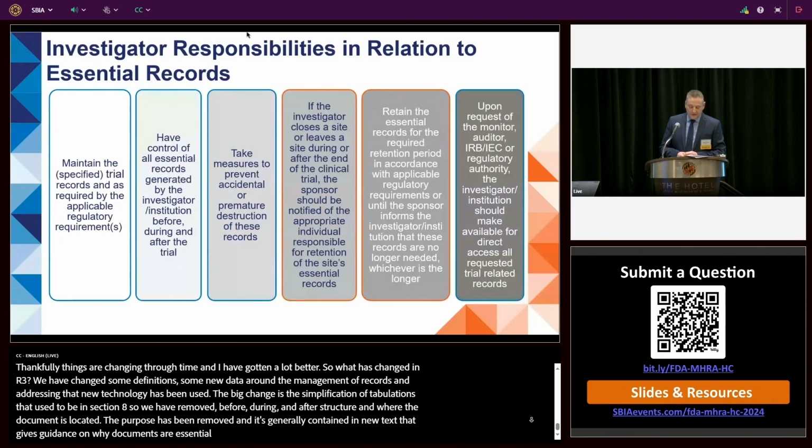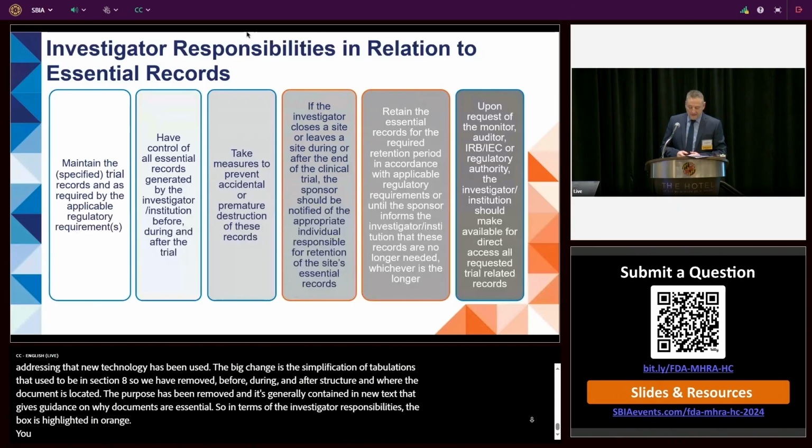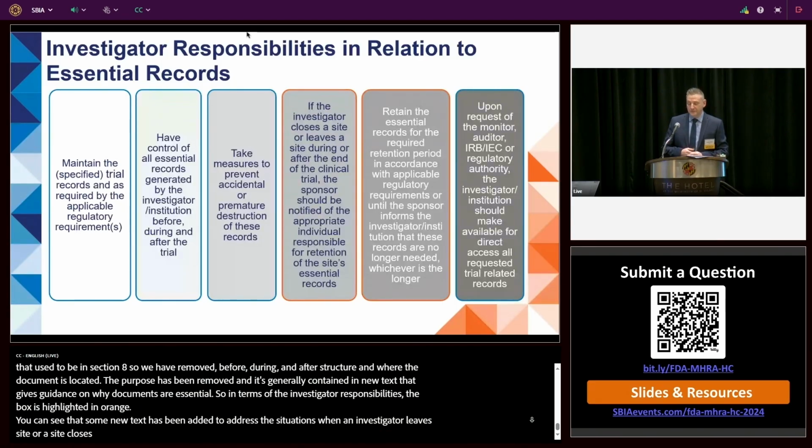So in terms of the investigator responsibilities, the box is highlighted in orange. You can see that some new text has been added to address the situations when an investigator leaves site or a site closes, in terms of keeping the sponsor updated on who's got the responsibility for the retention of the investigator's essential records.